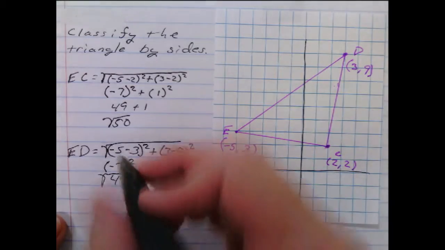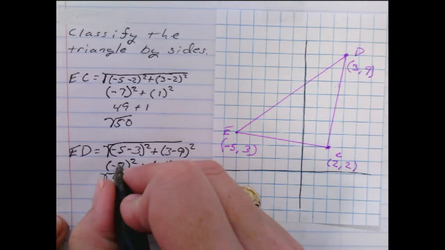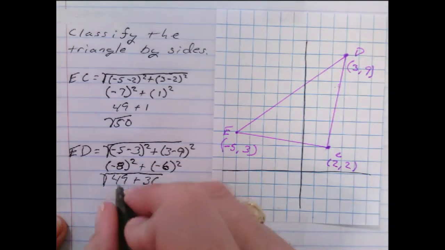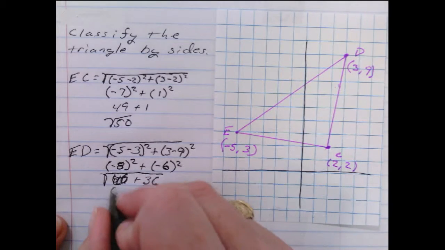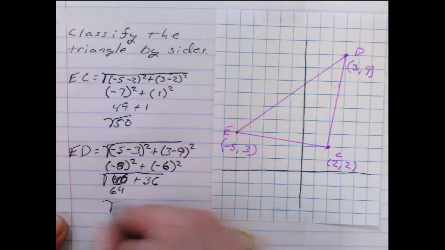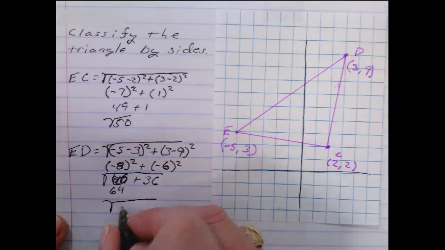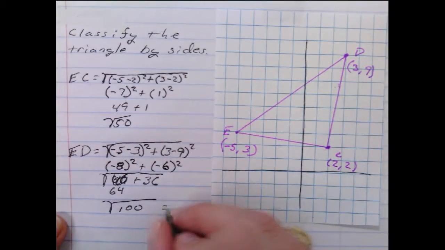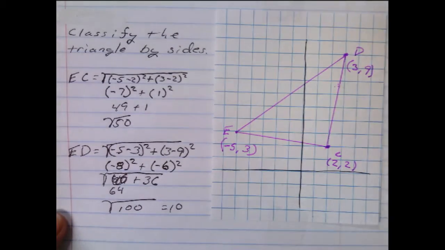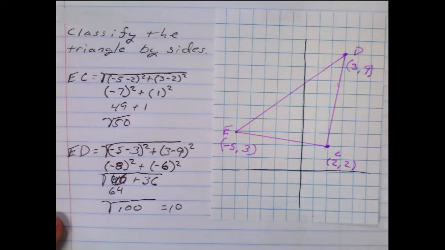Oh, excuse me, I added wrong here. This should be 8, not 7. So this is actually 64, which ends up with square root of 100, which is 10. Sorry for that interruption there.